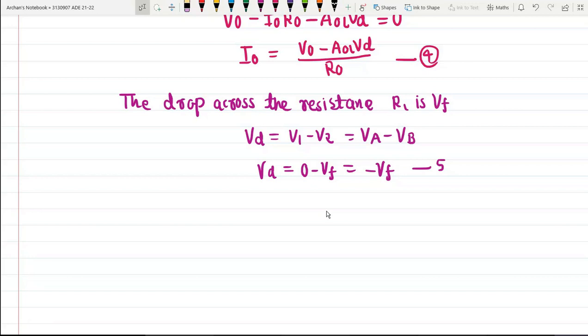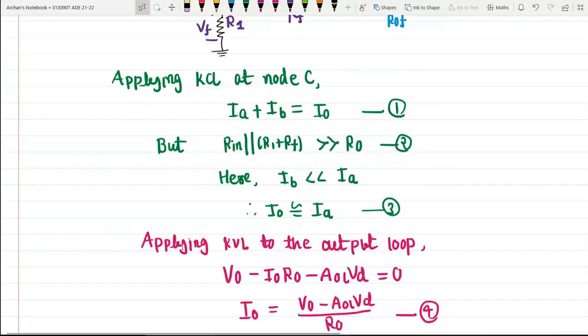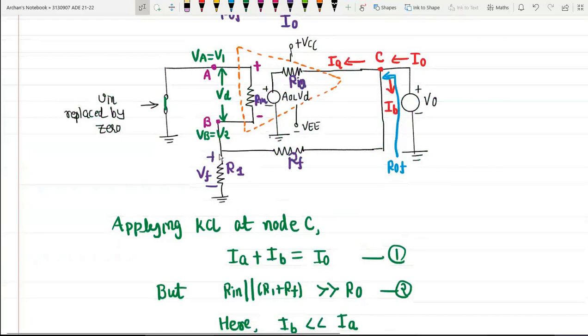So the difference voltage is nothing but minus Vf. But what is the magnitude of Vf? You can easily find out Vf by applying the voltage divider rule.